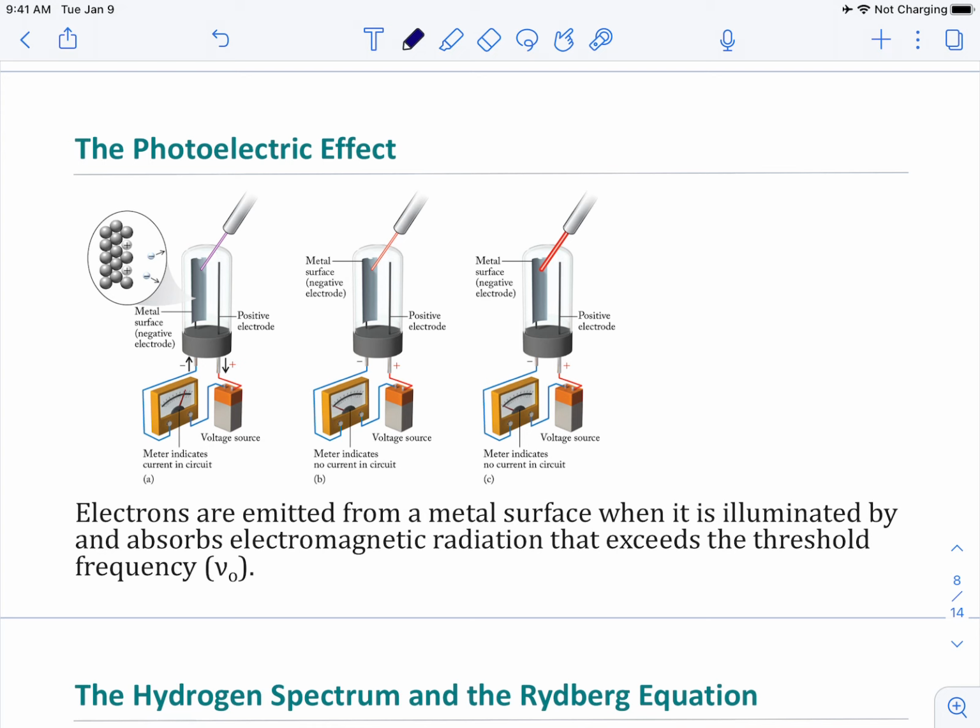Well, what's interesting then is the fact that it requires a certain frequency to get the electron to move, which means basically that it doesn't matter how intense the light is that I can shine.